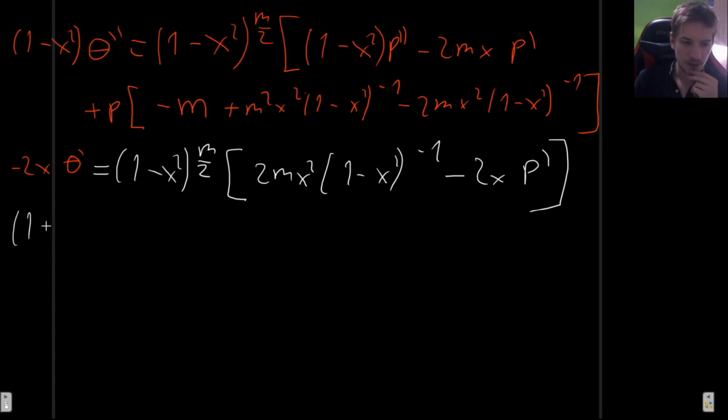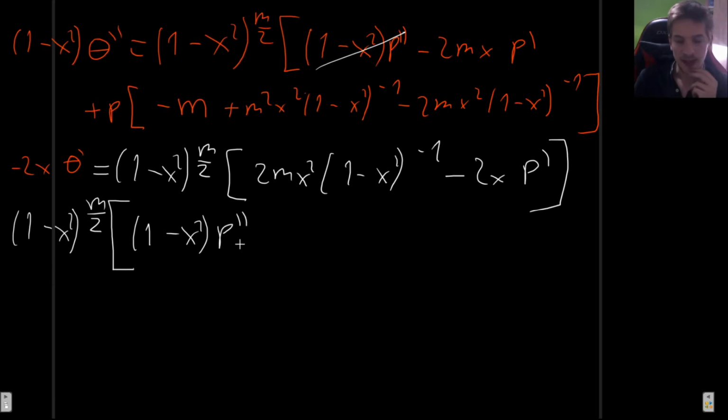So that's just going to be 1 minus x squared to the m halves factor of, well, first we have this p prime prime here, and there is nothing else that involves a second derivative. So that's just going to be by itself, 1 minus x squared p prime prime. Now, what involves just the first derivative, it's going to be this here and this here.